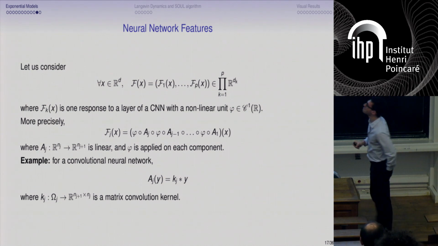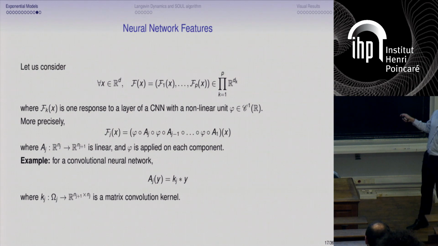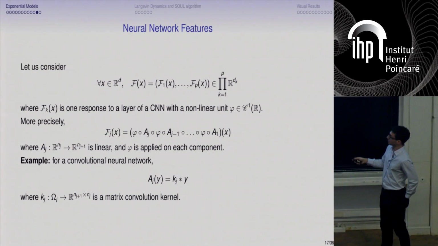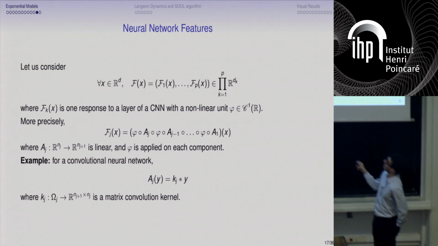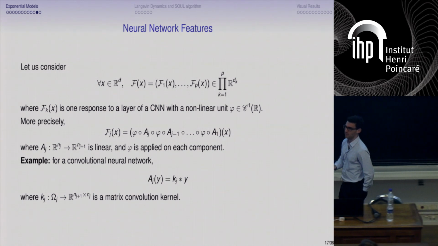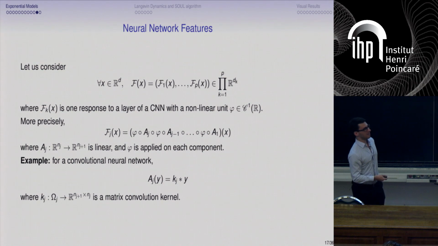Okay. So here we have composed linear operators with a nonlinear unit, which is applied, of course, to all components. We will assume that the nonlinear unit is actually differentiable. It's not the classical point of view in neural networks, but it will allow us to apply our theorem.